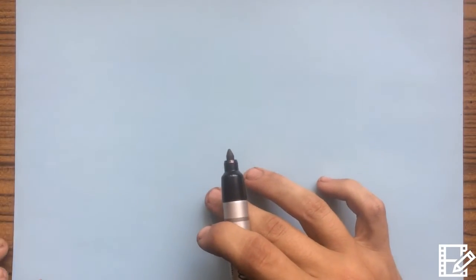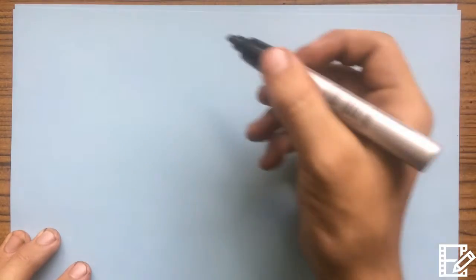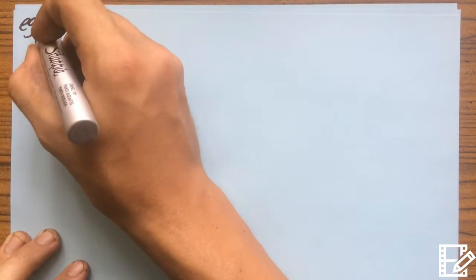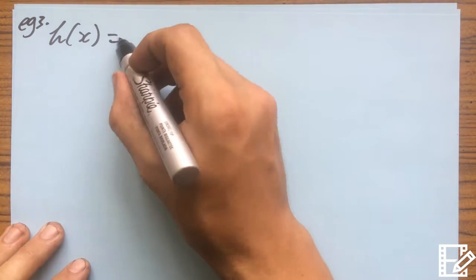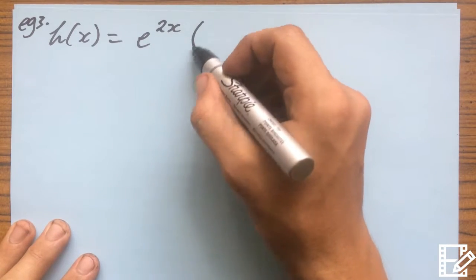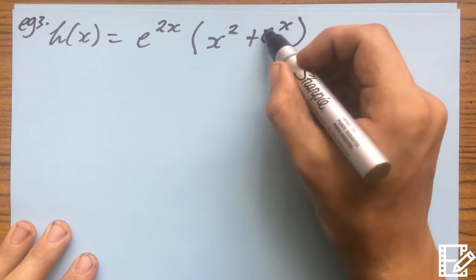Now, onto a third example. Let's say h(x), example 3, h(x) equals e to the power of 2x multiplied by x squared plus e^x.